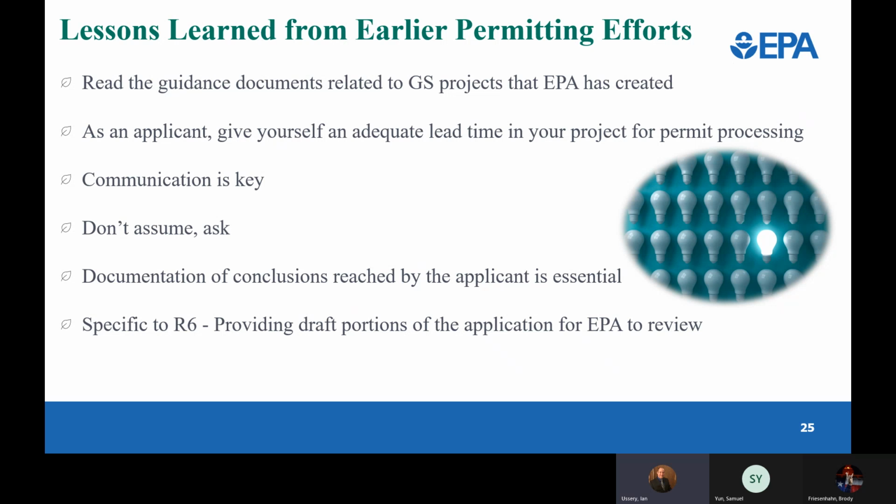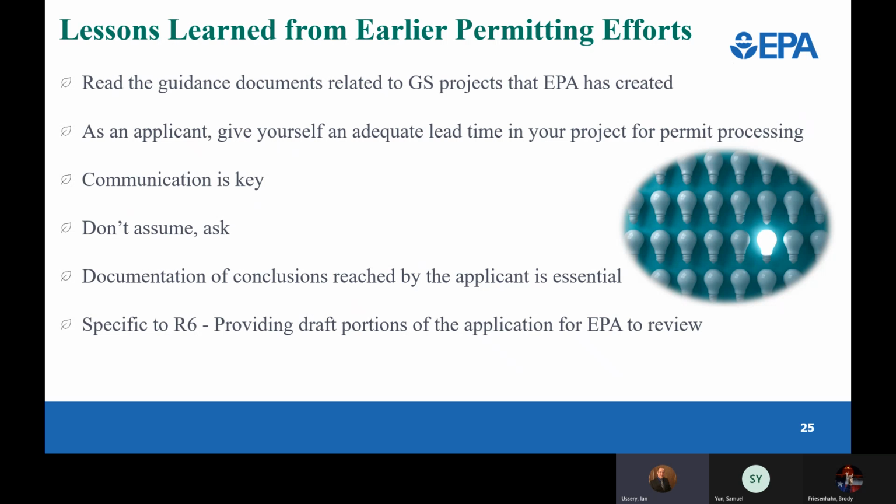Now, we've had a few applications come in-house, and we wanted to take this opportunity to go over some things that we've learned in the early stages of these projects. First and foremost, I can't stress this enough, read the guidance documents related to GS projects that the EPA has created, which can be found on our EPA website.